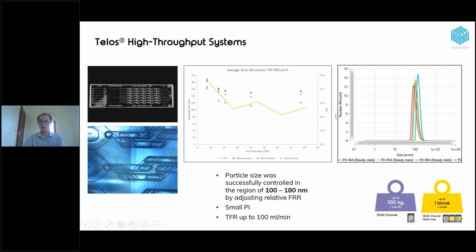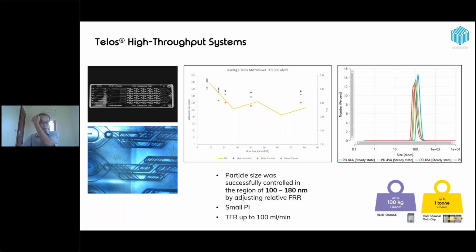The results show that the particle size was successfully controlled in the region from 100 to 180 or 200 nanometers by just changing the flow rate ratio. When you change the flow rate ratio, as normal, you can achieve a smaller particle size.